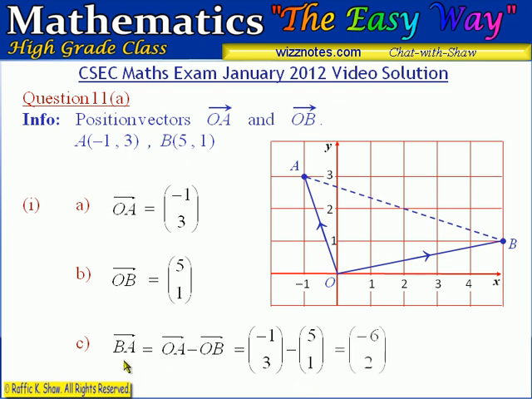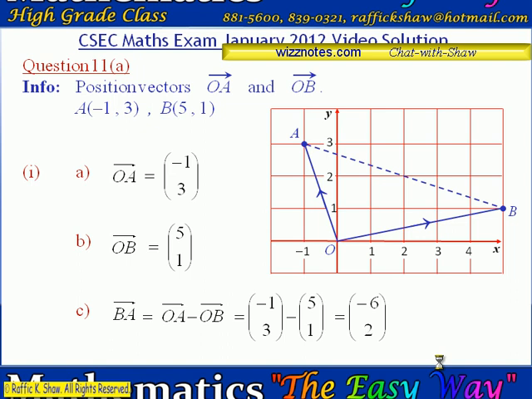So the displacement vector BA is -6, 2. And that corresponds to the displacement that will be required on the diagram to go from B to A. 6 units backwards and 2 units upwards. So that's the answer for part 1 of question 11A.